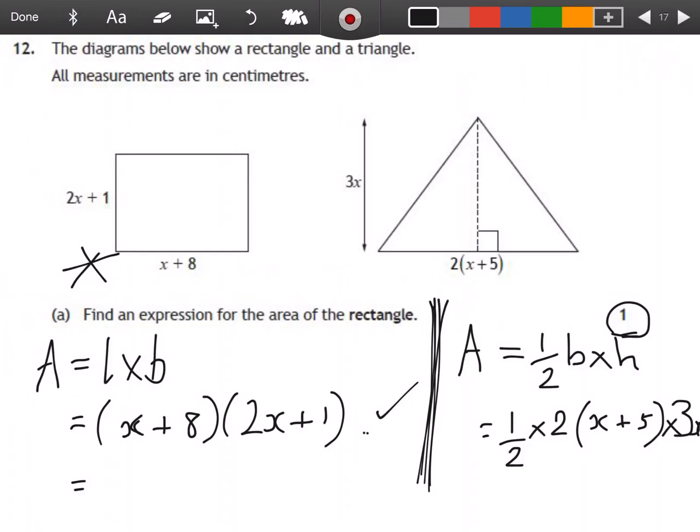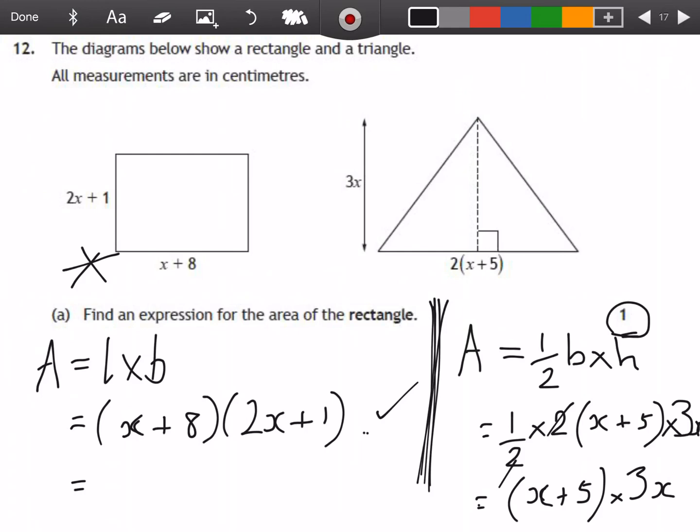A half times 2 is just 1, okay? So really what you've got here is the x plus 5 in the bracket times by the 3x, okay? I've put the x's as a curly x, and that's a wee multiplication in them, okay?